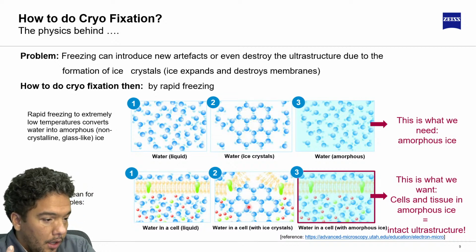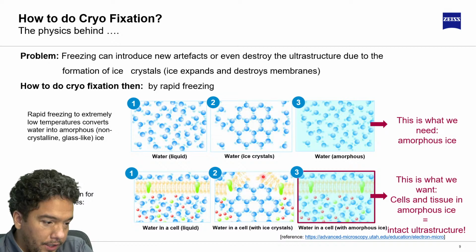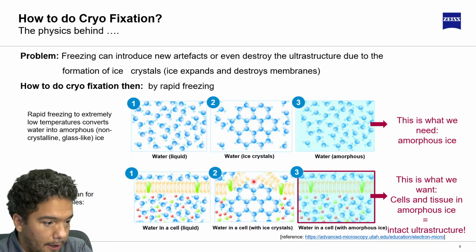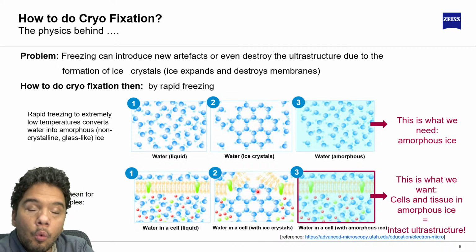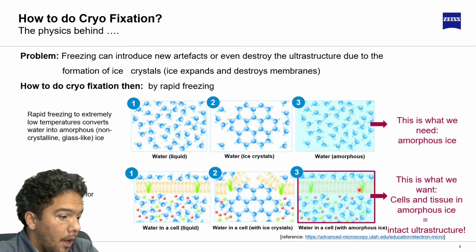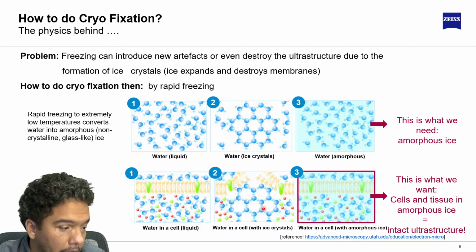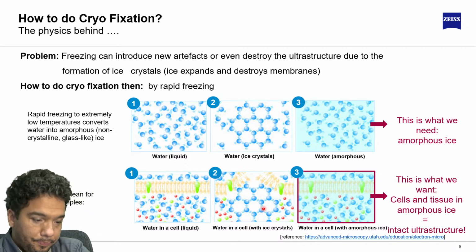But when crystalline water appears, that breaks the membranes, and that's something that we don't want in our samples, of course. The only way to prevent that is creating that amorphous state. That allows us to get intact ultrastructure.